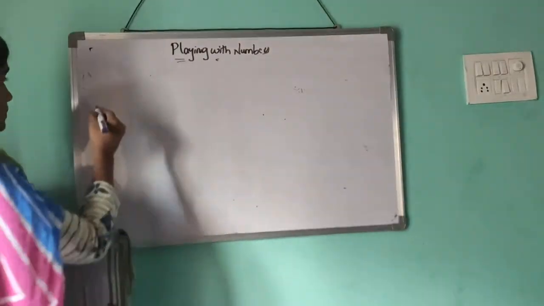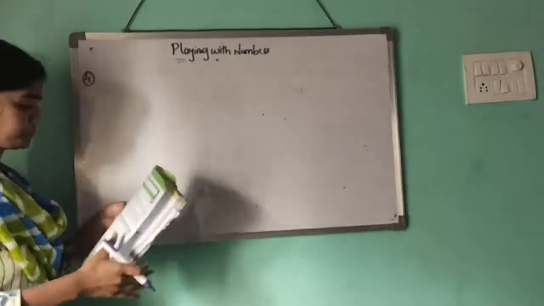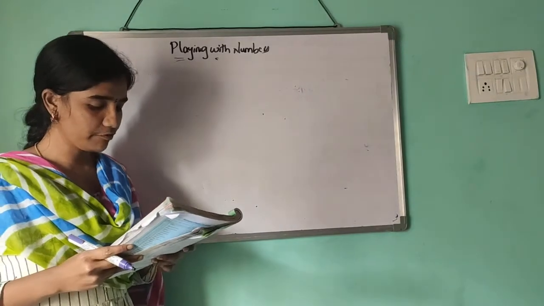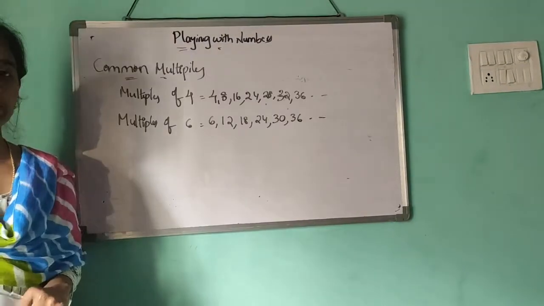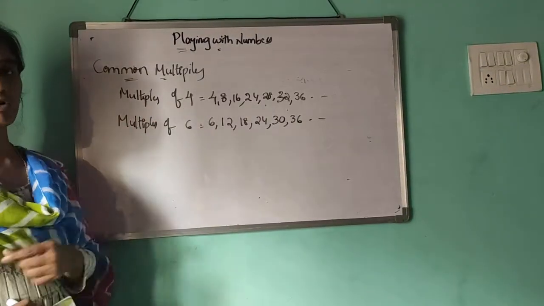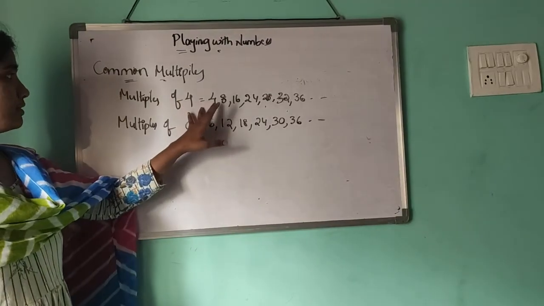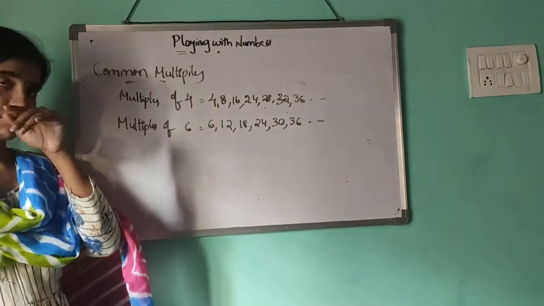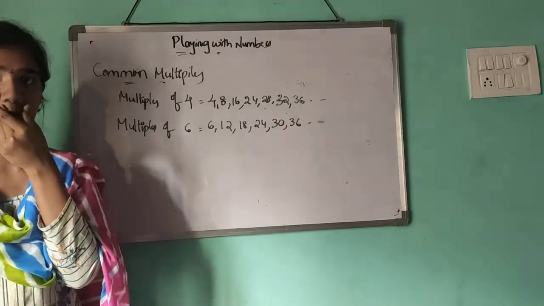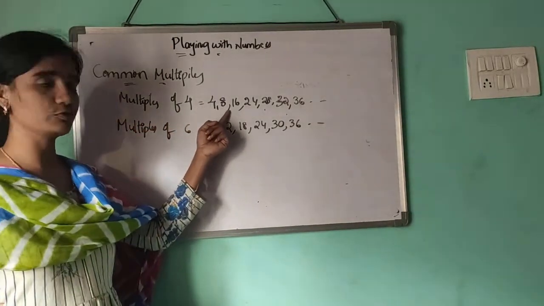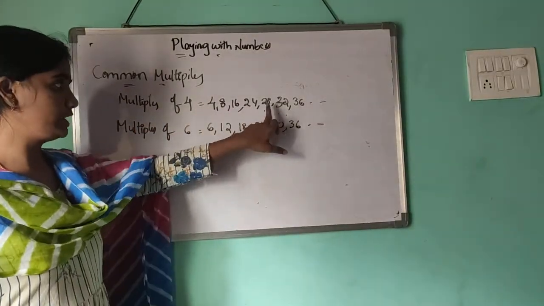Let's see the fourth sum. HCF of co-prime numbers, multiples of 4. Let's check multiples of 4. 4 is divisible by 4, multiplied by 1, 2, 3. 4 ones are 4, 4 twos are 8, 16, 24, and so on.